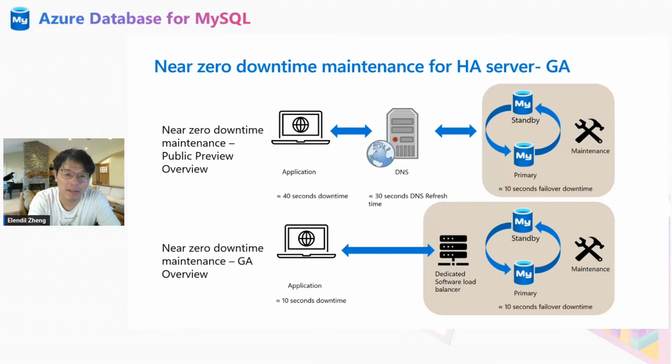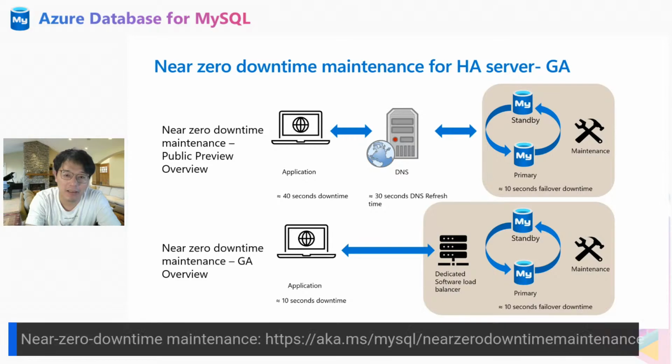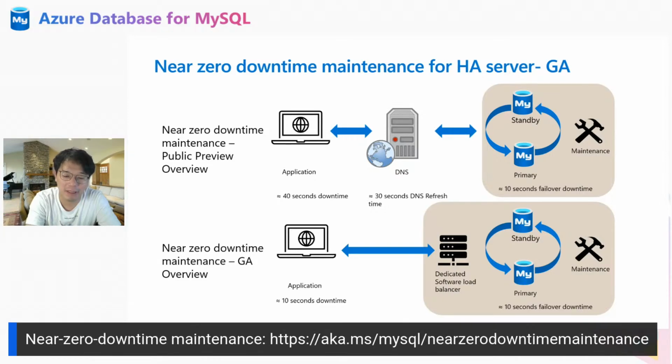In some worst cases, for example, if your DNS refresh time is set up to 10 minutes or even higher, even if you have HA enabled for your server, the maintenance downtime is still high because of this DNS refresh time. So in our near-zero-downtime maintenance, we have totally switched our DNS-based HA infrastructure to what we call a dedicated SLB infrastructure, which means that all the failover happens inside our Azure MySQL part.